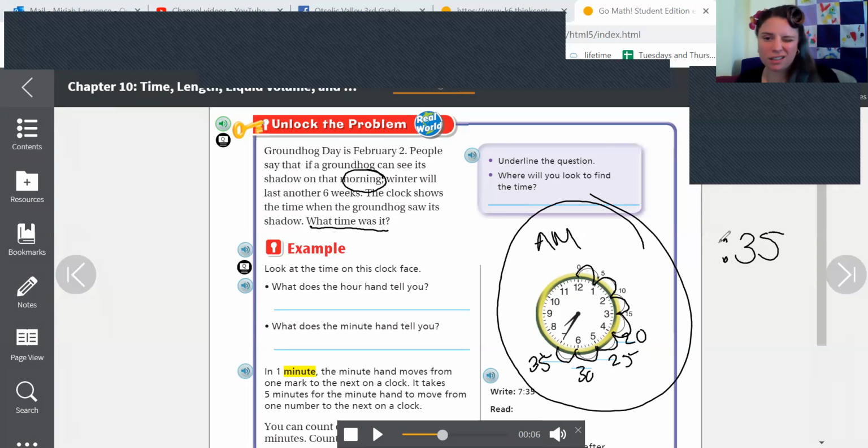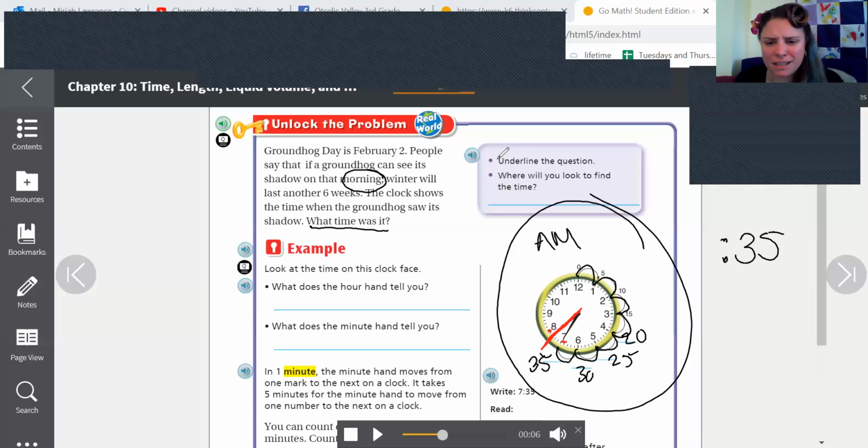But do we know what the hour hand is yet? So I'm going to change the color of my ink and extend the hour time all the way out. Now, the hour hand is between what two numbers? That's right. It's between the 7 and the 8. Now, has it gotten to the 8 yet?